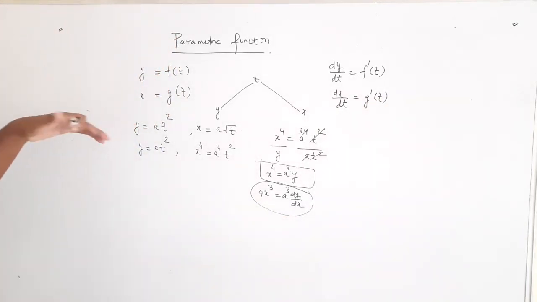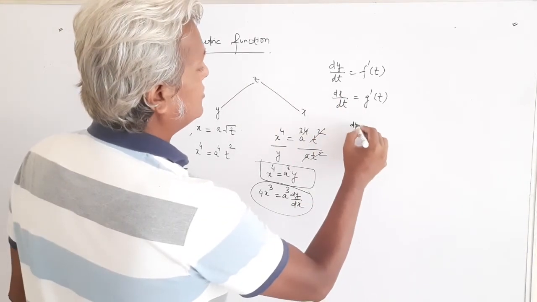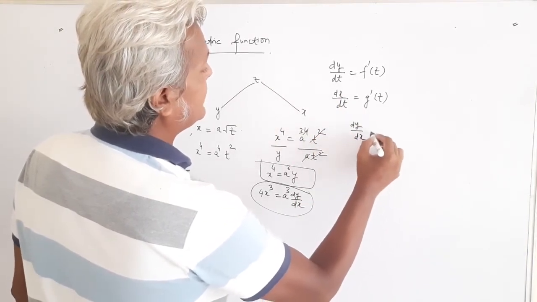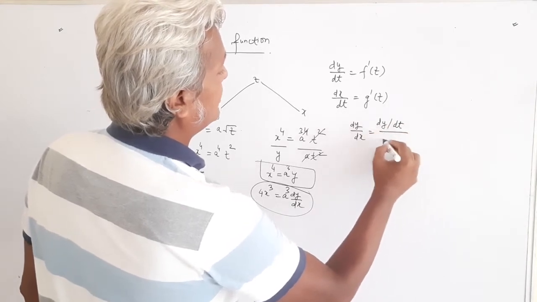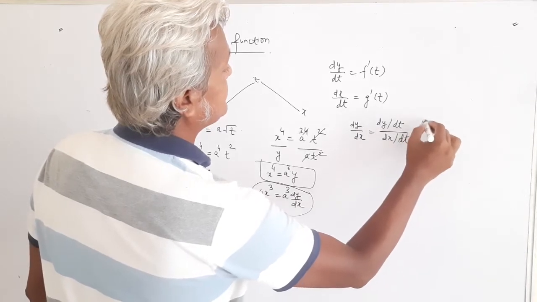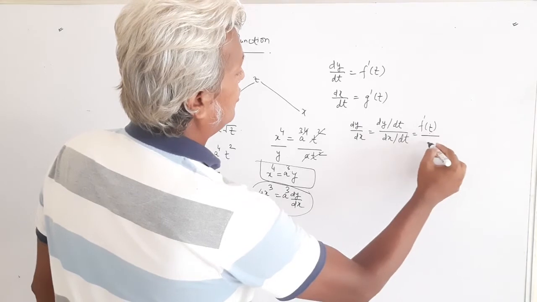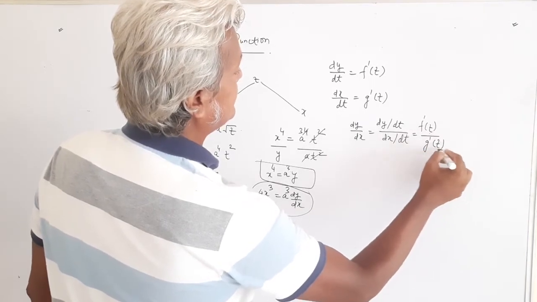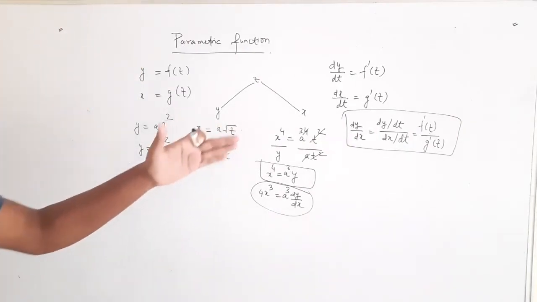Now since we have to find dy by dx, you just divide this by this. So dy by dx is just dy by dt over dx by dt. That can be written as f dash t over g dash t. This is the way of finding dy by dx.